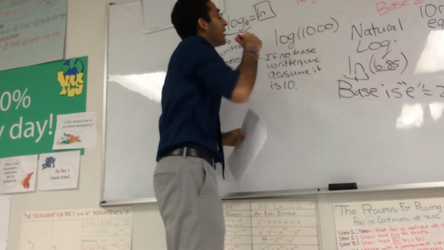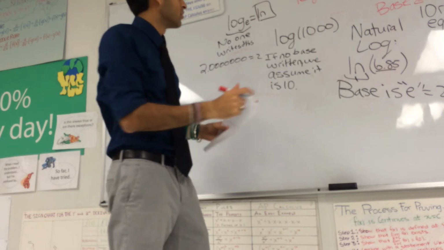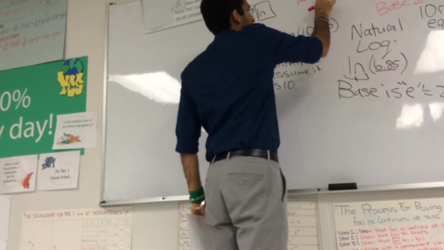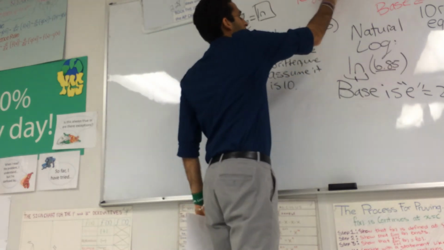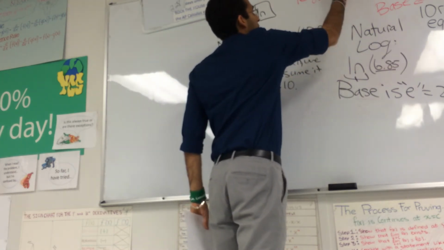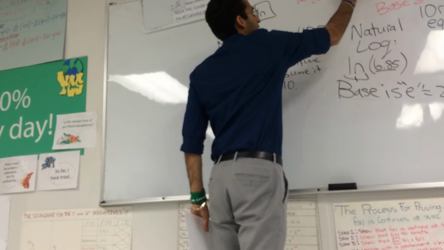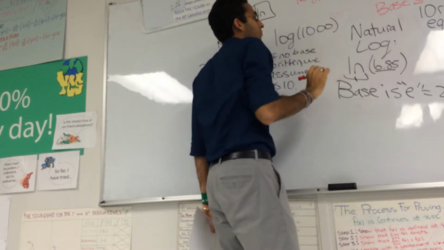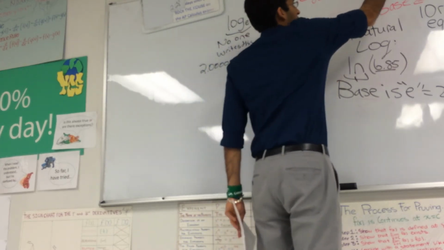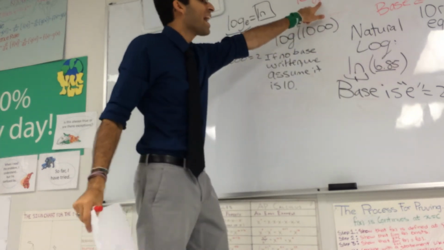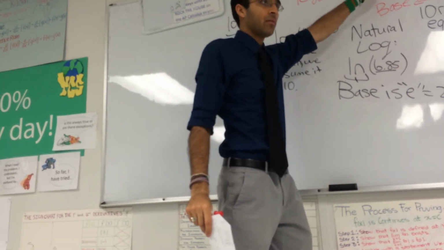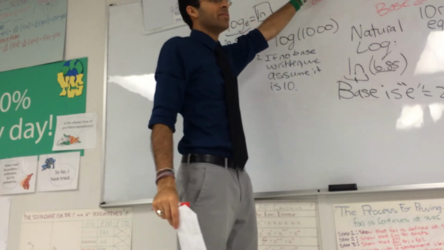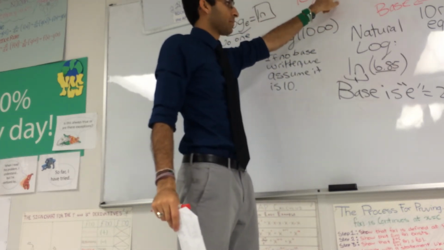Log of 5. So this is the base. And then what do you want in the argument? 1 over 25. Okay. Equals what? Negative 2. Because we're saying 5 raised to the negative 2 power gives me 1 over 25.